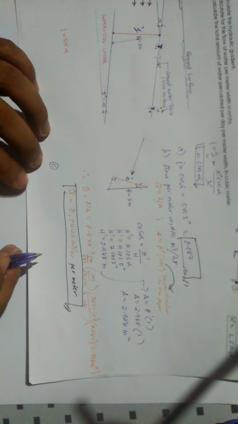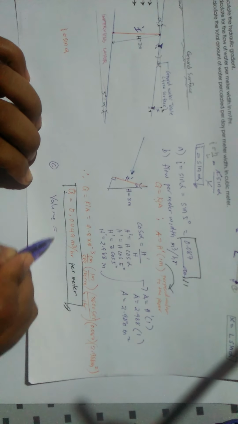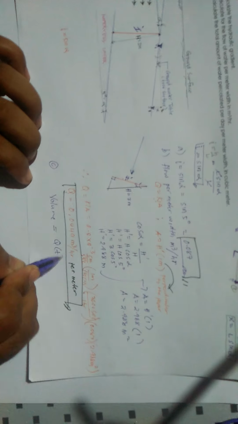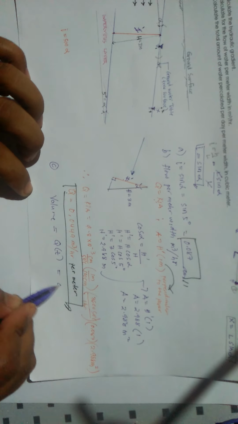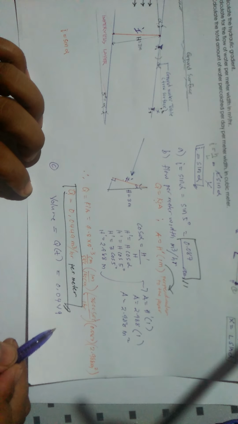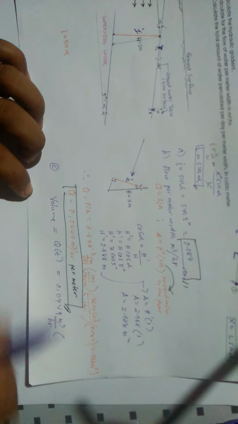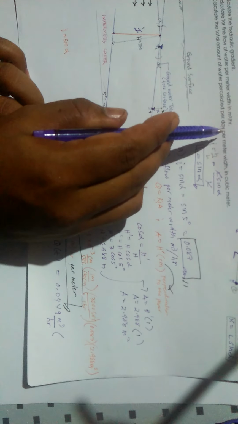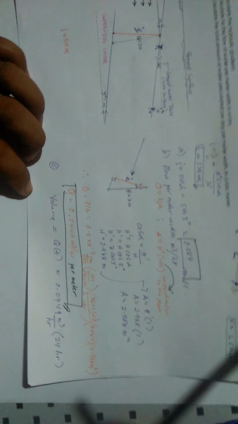So, mangyari dito is volume is equal to Q times your T. Okay? So, ang Q mo is 0.0449 okay, meter cube per hour. And then, time mo sa per day na mo. Sa 1 day mo, guys, meron tayong 24 hours. So, kaya meron tayong 24 hours dito.